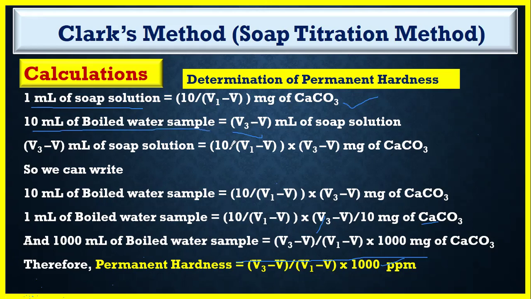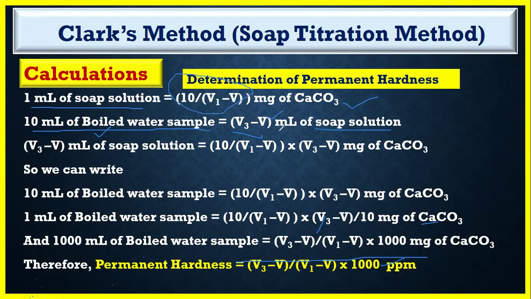To know the exact amount of soap solution consumed only due to the hardness-causing ions present in the boiled water, it will be equal to V3 minus V. We have to subtract the lather factor here. So the 10 ml of boiled water is equal to (V3 minus V) ml of the soap solution, and 1 ml of soap solution is equal to this much amount of calcium carbonate.